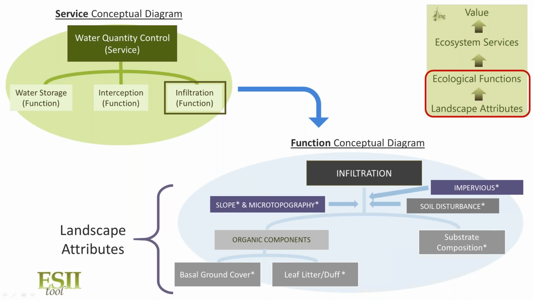Okay, so we talked about two tiers of modeling. Let's just take an example, water quantity control. We've got three functions that feed into that. There's actually a fourth one as well, water conveyance, which can also be added to it. But basically we're looking at the life history of a raindrop. As it's falling out of the sky, there's the potential it's going to be intercepted and re-evaporated into the atmosphere.